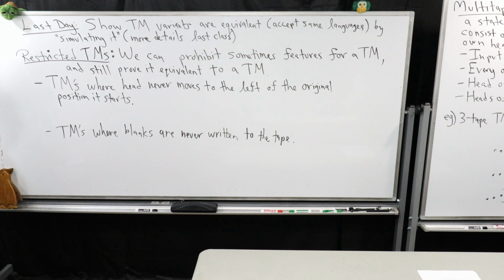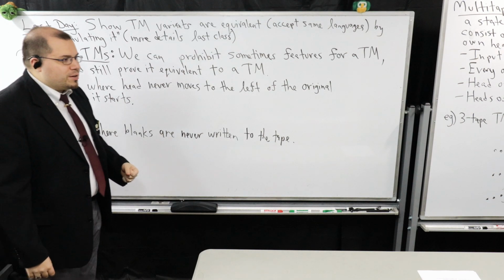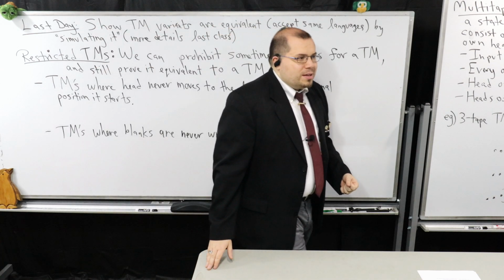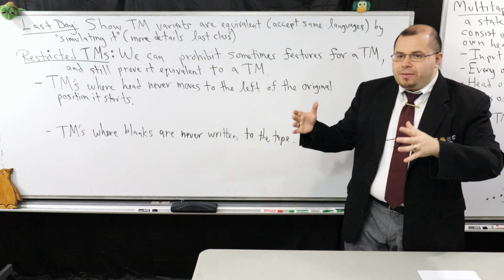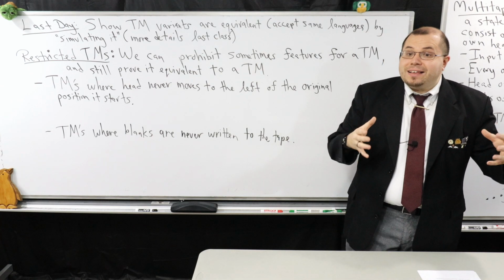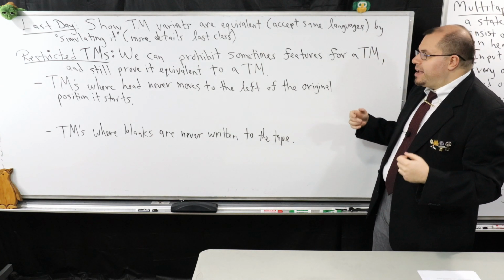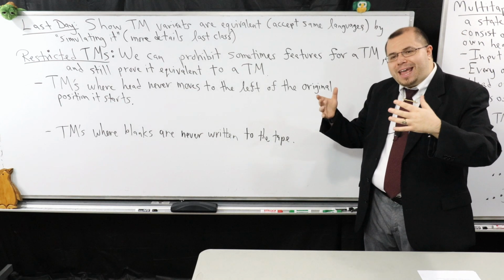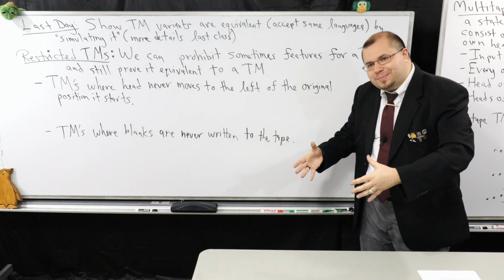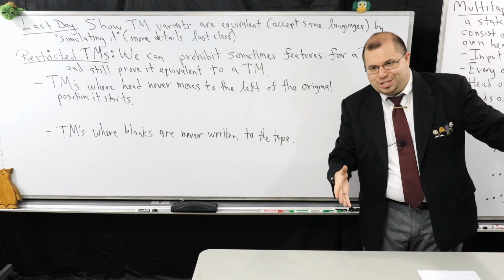So after that, I talked about the notion of simulating a Turing machine using another model of computation. So suppose I give you some variant of a Turing machine that has some more features to it. My goal is to show you how you can take that new model and simulate it using a Turing machine.